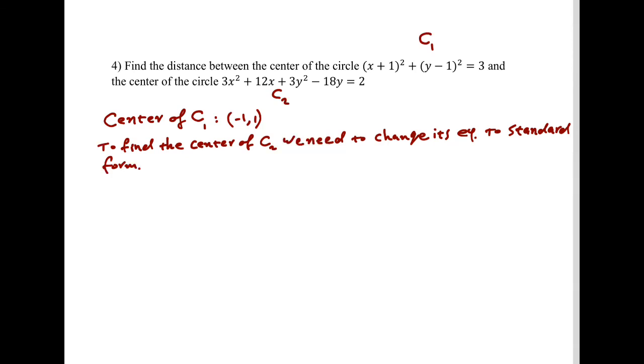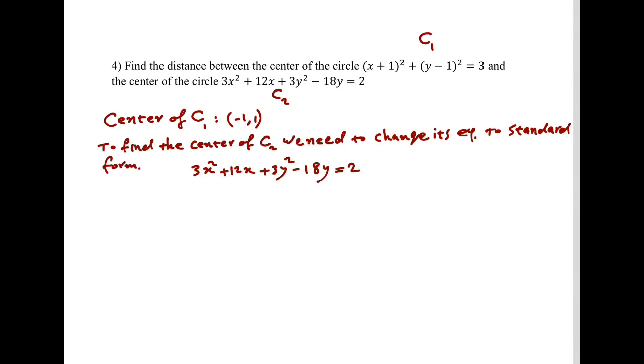So let's rewrite it again. 3x squared plus 12x plus 3y squared minus 18y equals 2. Again, just like the previous example, if you look at the coefficients here, 3, 12, 3, 18, they're all divisible by 3.